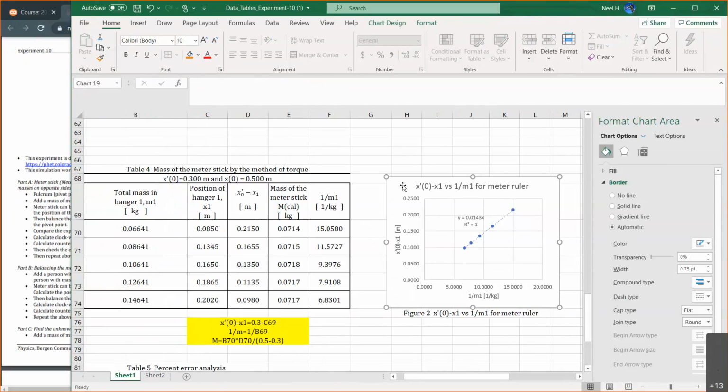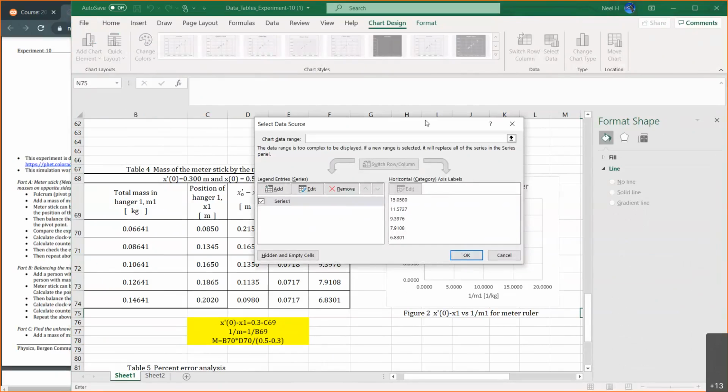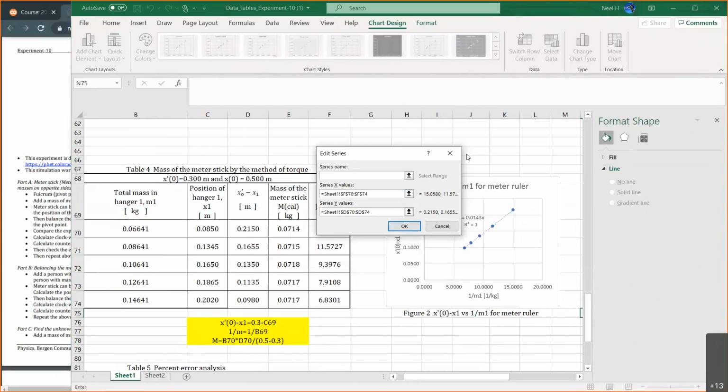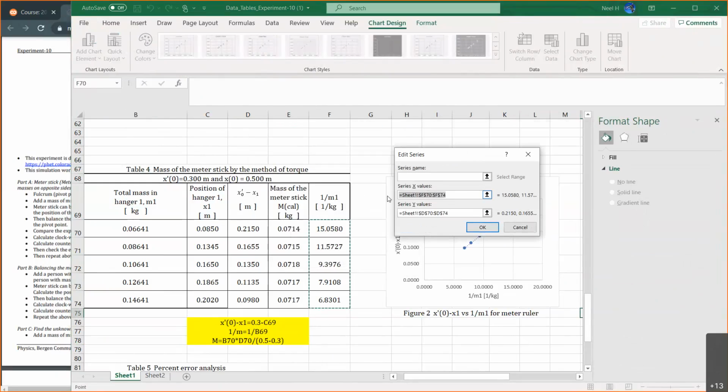You have to go back to the data section and then click on series 1, click edit, and then delete everything on the X, and the next should be this column, column F 70 to 74.